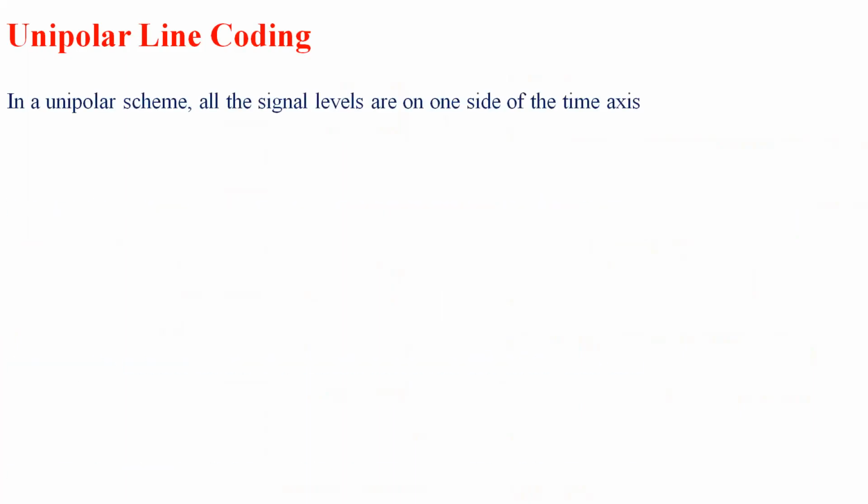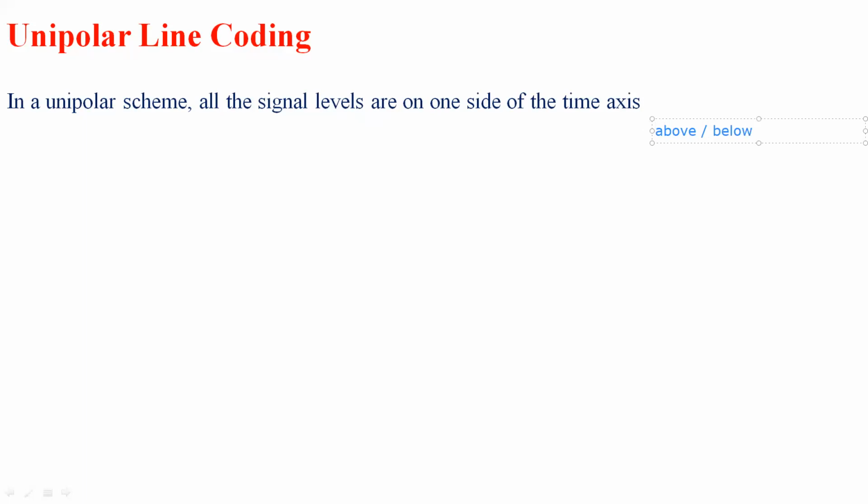First, we'll start with unipolar line coding schemes. In this unipolar scheme, all the signal levels are on one side of the time axis. One side of the time axis means the signal levels will either be above the time axis or sometimes below the time axis.